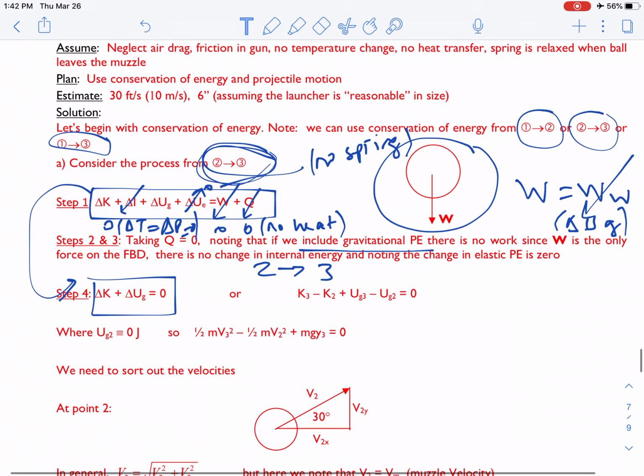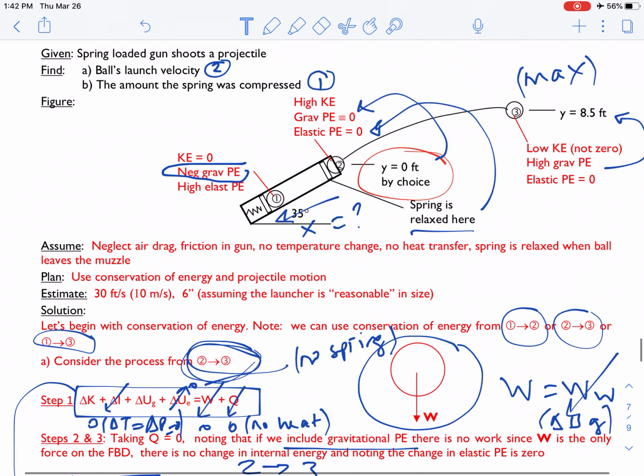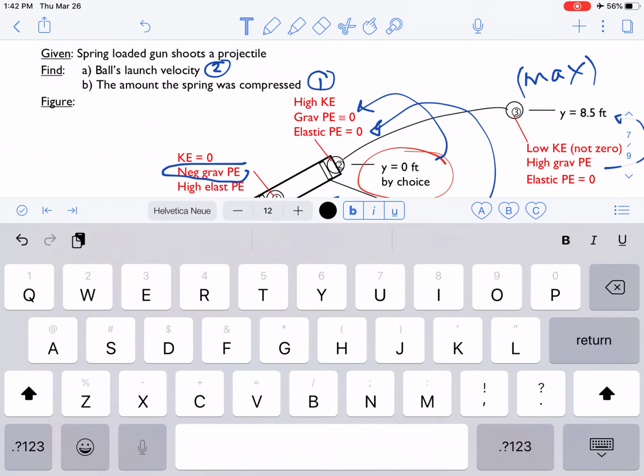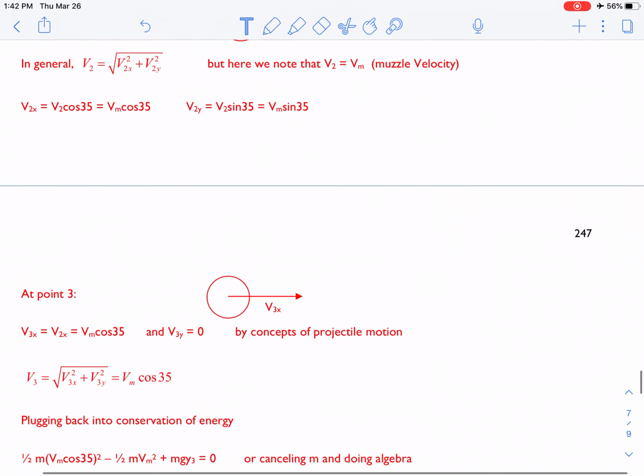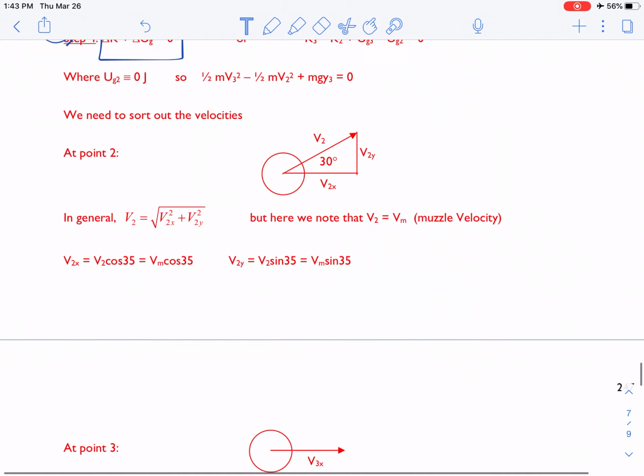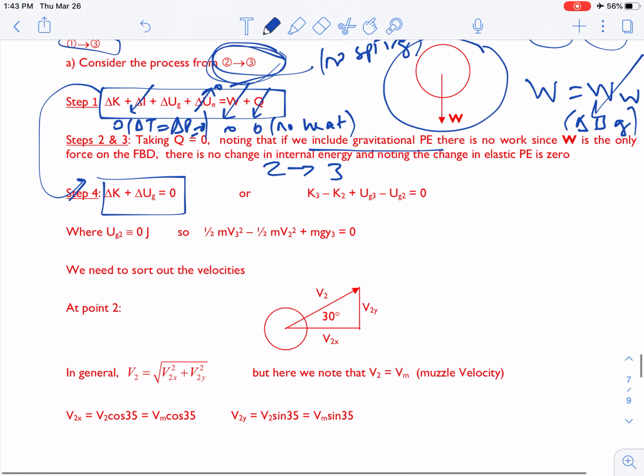Gravitational potential, we need to look into the elevation. We said at point 2 y is 0, so if you go down, you can say I went two down. You can say that at point 2 this is 0 as well, because y2 is 0.